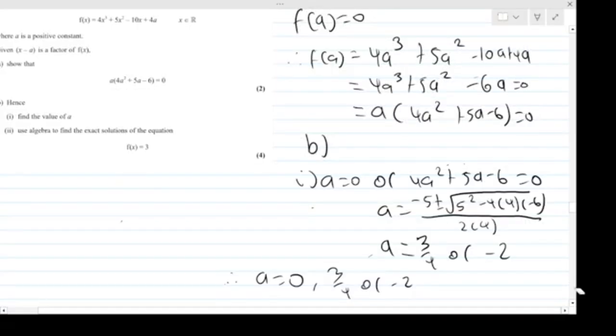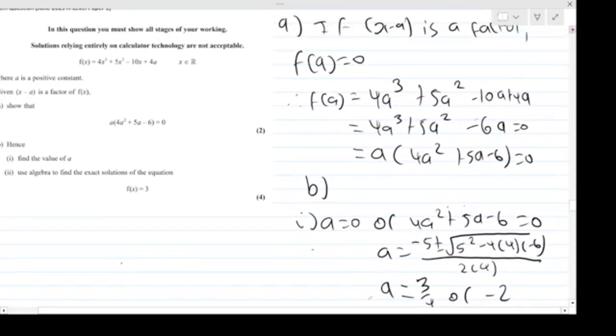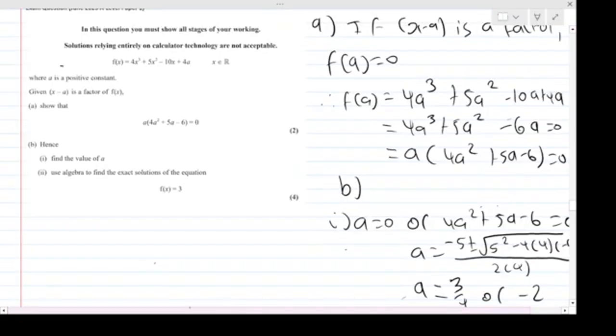In that situation, look at the question and see what it tells you about a. And it says in the question where a is a positive constant. That means a has to be strictly positive, so greater than 0.